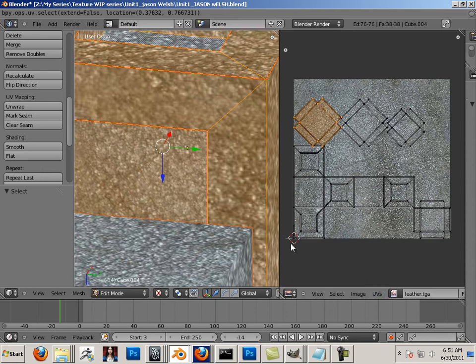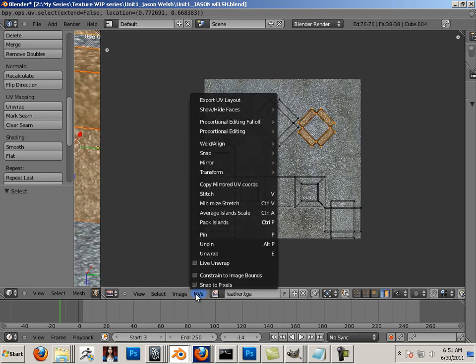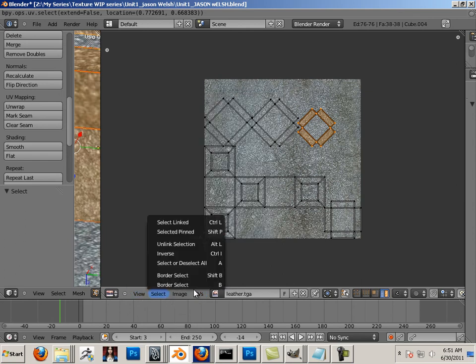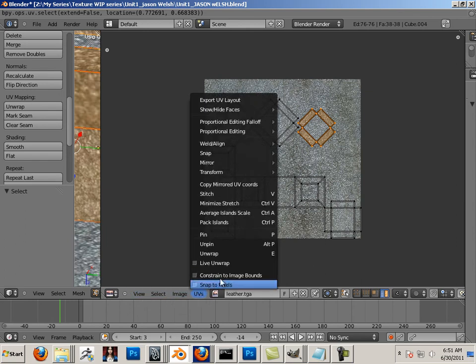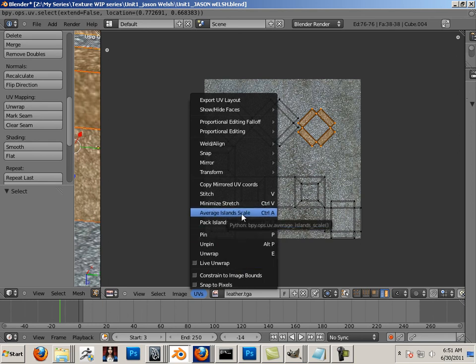Okay. And how I'm highlighting the entire shell, I have this option on. I'm just looking for something here. Okay, there's a thing called average island scale.